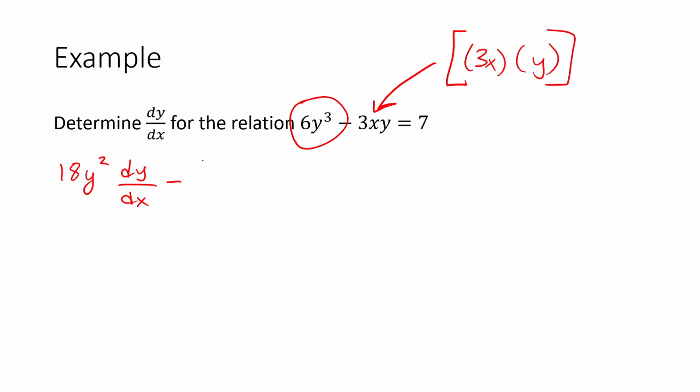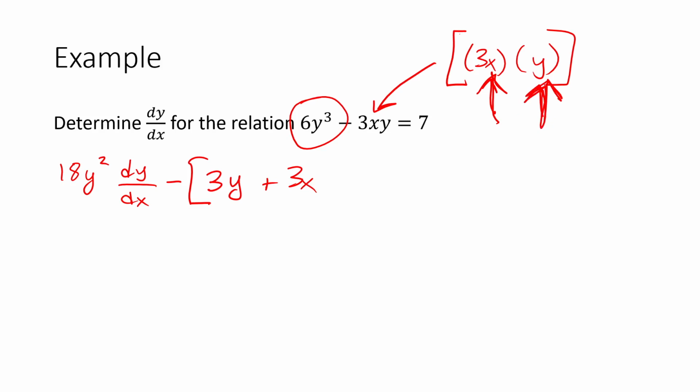Now I'm going to use the product rule. So the derivative of 3x with respect to x is 3, times the second, which is just y, plus the first, which is just 3x, times the derivative of the second with respect to x, I apologize.